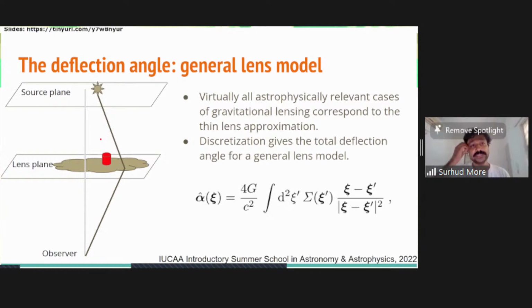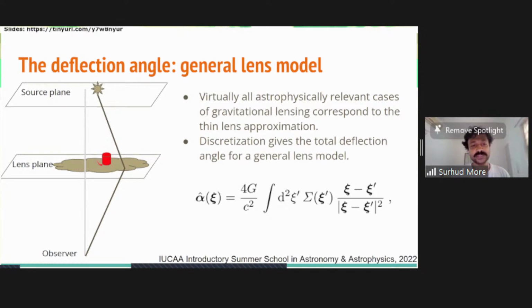Okay? So this is called a thin lens approximation. If you are in this thin lens approximation, you can write down the deflection angle for a general lens distribution. Okay? So let us look at how you can write down this particular expression. Any distribution in the lens plane, you can divide into infinitesimal components. So let's suppose this infinitesimal component, which is red here.